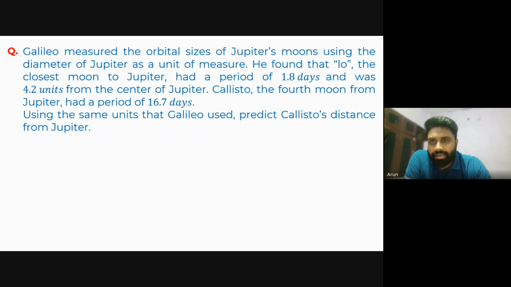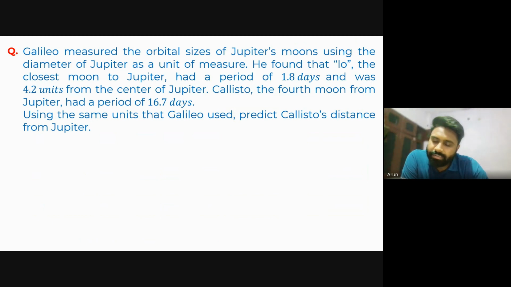He found that Io, the closest moon to Jupiter, had a period of 1.8 days, which means it completes one revolution around Jupiter in 1.8 days, and was 4.2 units from the center of Jupiter.